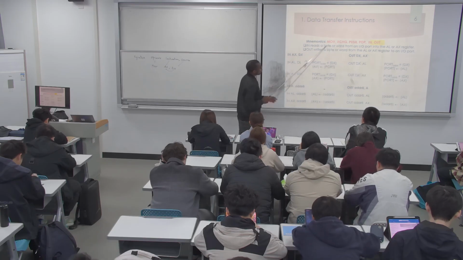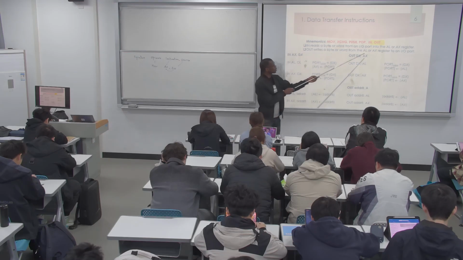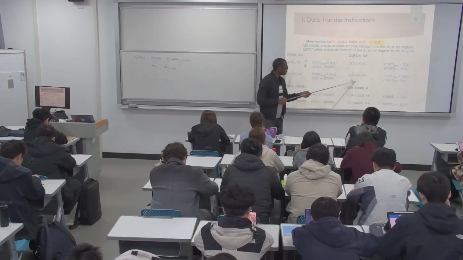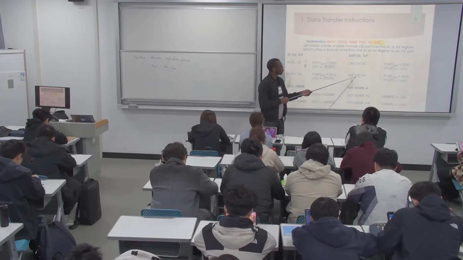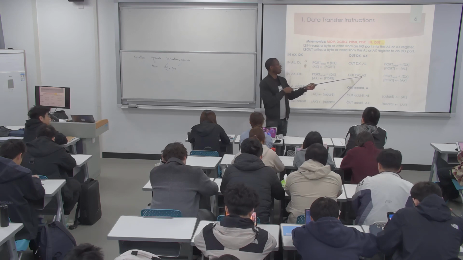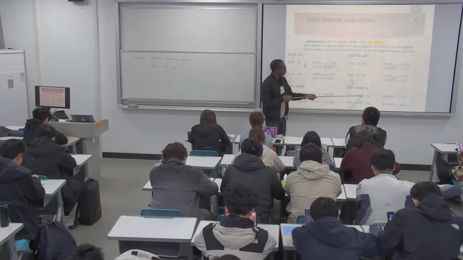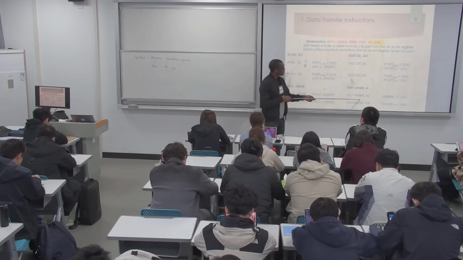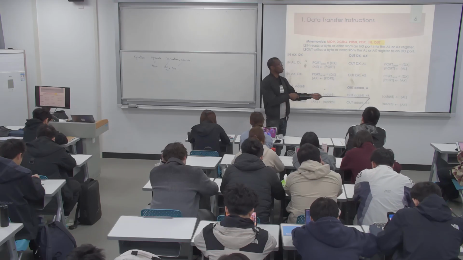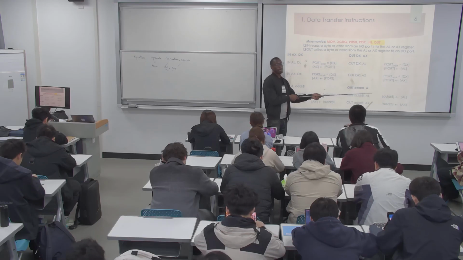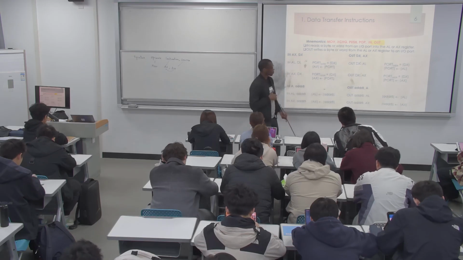We're going to write a byte from the register to an input-output port. Or we can also write a 16-bit word, or a byte from the lower byte of the accumulator register.